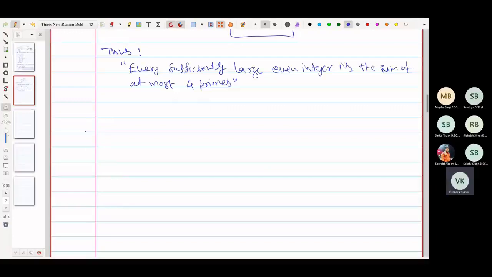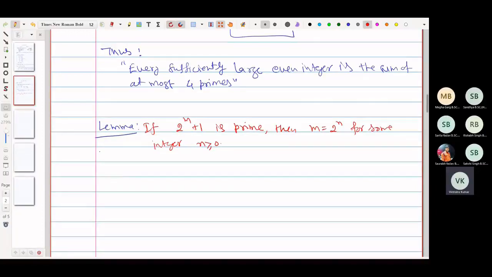Okay, so let us see that lemma. This lemma tells that if 2 to the power m plus 1 is prime, then m equals 2 to the power n for some integer n greater than or equal to 0. All right.